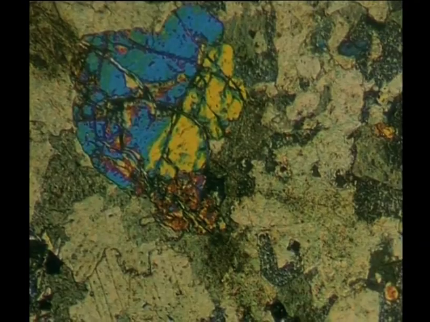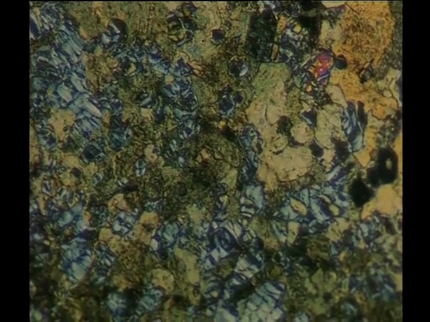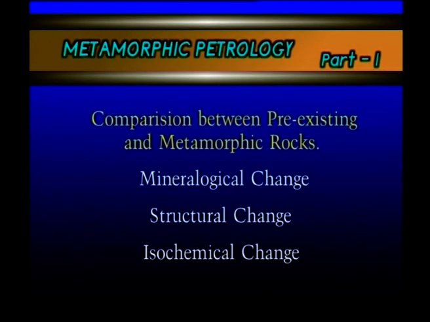Now see, what are the changes particularly in metamorphic rocks? If we compare the pre-existing rock with the metamorphic rock, there must be mineralogical change, there must be a structural change, along with isochemical change.